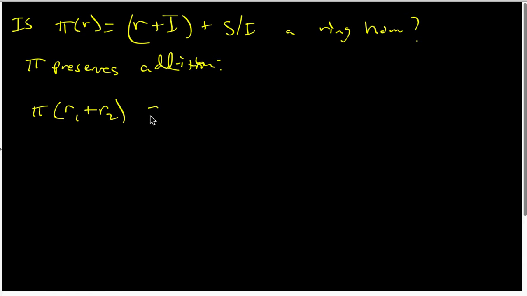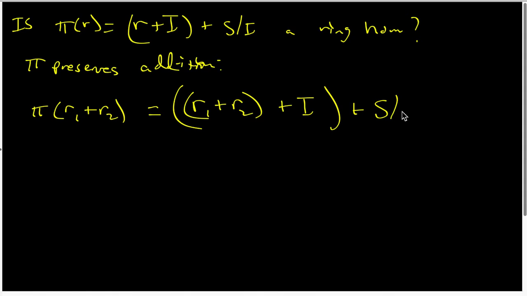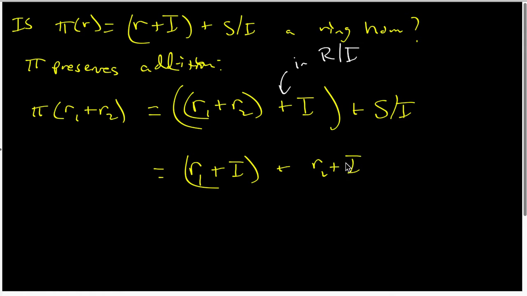Well, by the definition of pi, that would be r1 plus r2 plus I plus S mod I. Of course, it's important to realize that this plus sign is in R mod I. And I know how r1 plus r2 plus I works in the ring R mod I. This particular element of R mod I is in fact r1 plus I plus r2 plus I. And so we have that element plus S mod I.